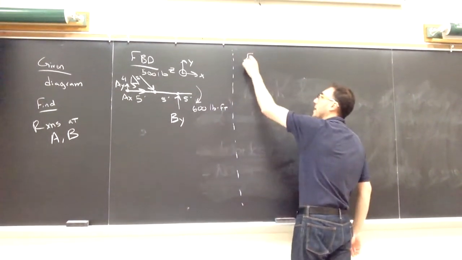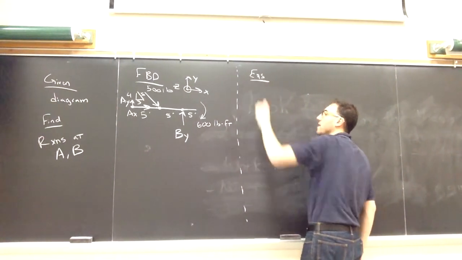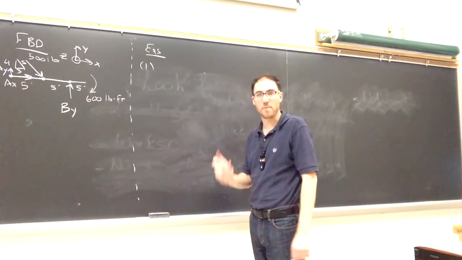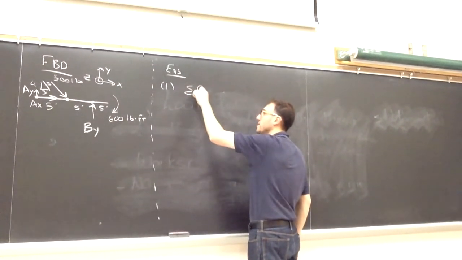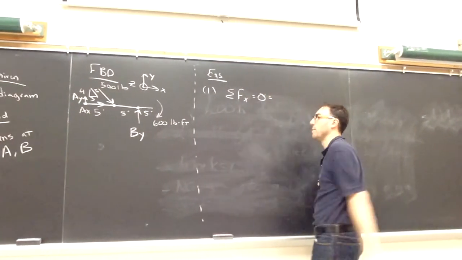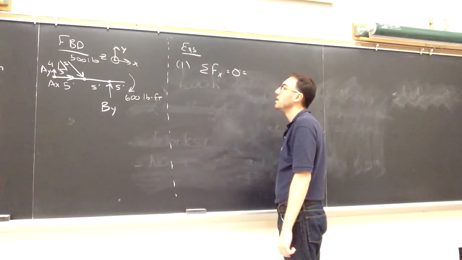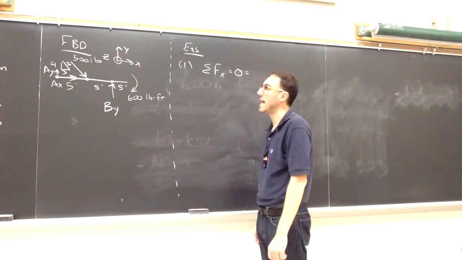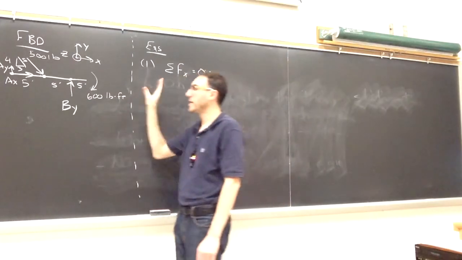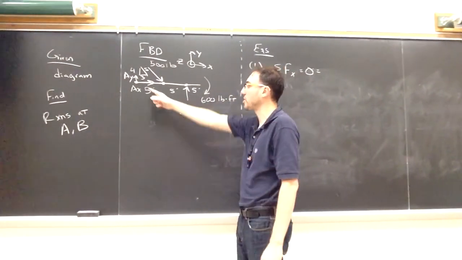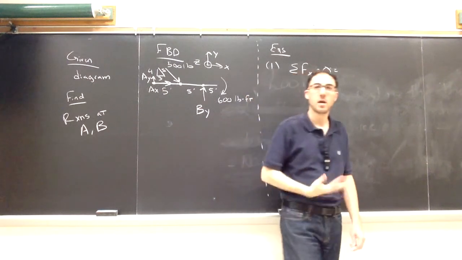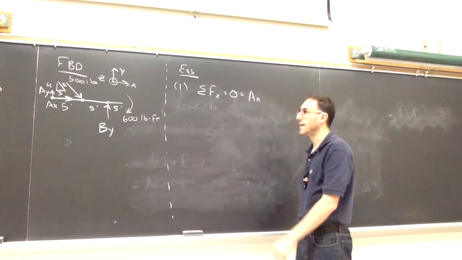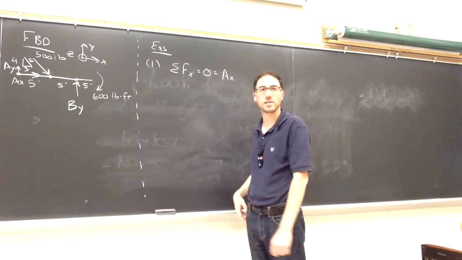Now I can write my equations based on my free body diagram. Like we did for particles, this drives our equilibrium equations. The order we do it in does not matter, but I generally like to start with sum of forces and then go to sum of moments. So based on my picture, I want to see what has forces in the x direction. All right, so only considering things that have a force component in the x direction, if I look at the way I drew AX, I assumed it was pointing to the right. So that means that in this equation, it's positive. So all of AX is in the x direction.